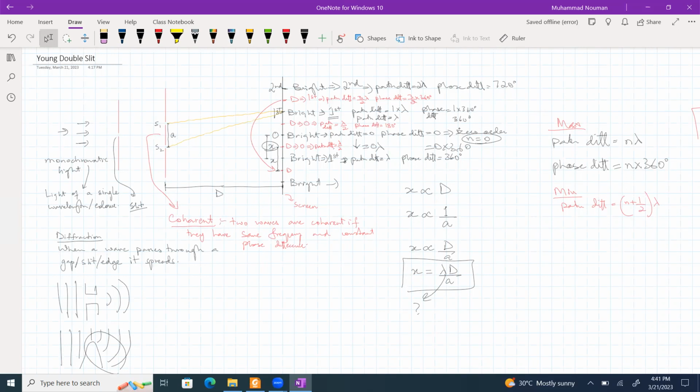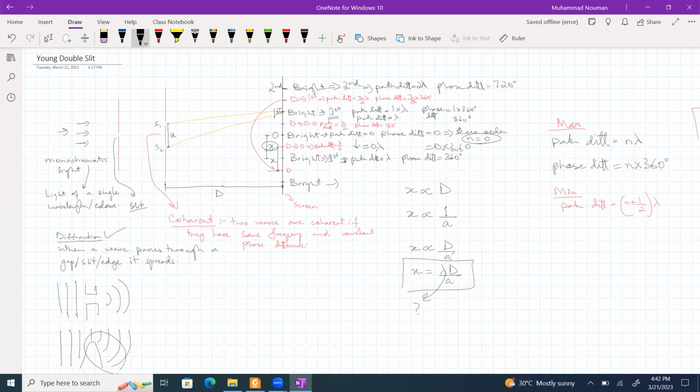Number one, light diffracts, and diffraction is a property of a wave, so light has a wave nature. Number two, light superposes, or interferes, and forms maxima or minima. Interference is also a property of a wave.